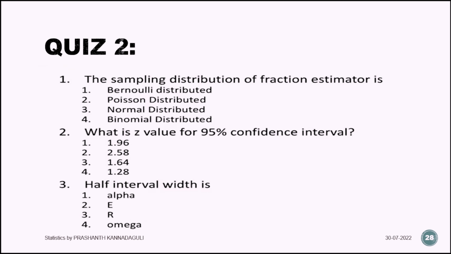Then what's the z value for 95% confidence? Fraction in the sense the p cap. P cap is a fraction. Out of 1,000 voters, how many voted for me? So that's a fraction.